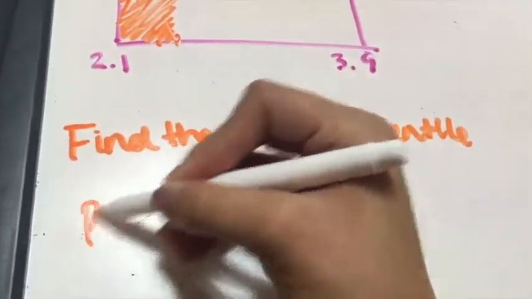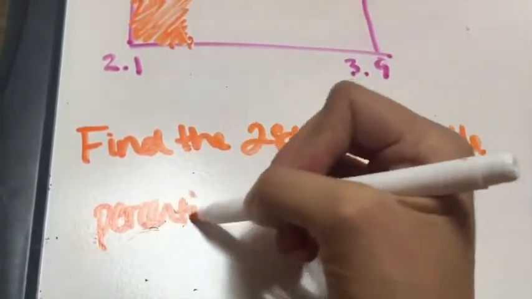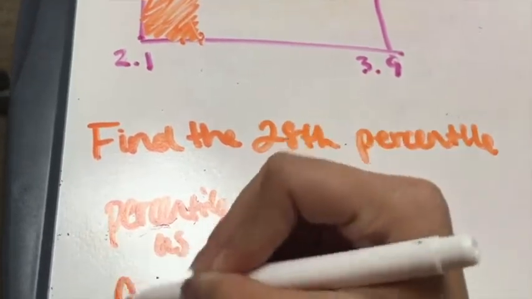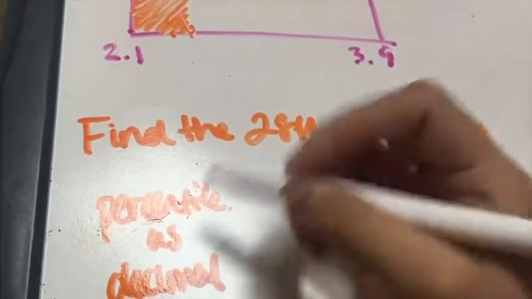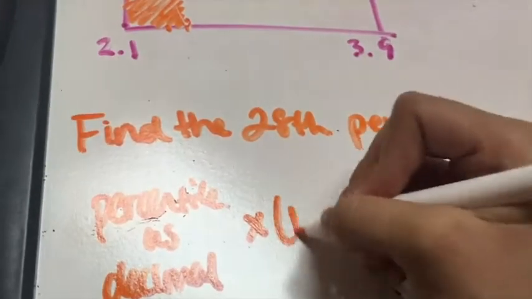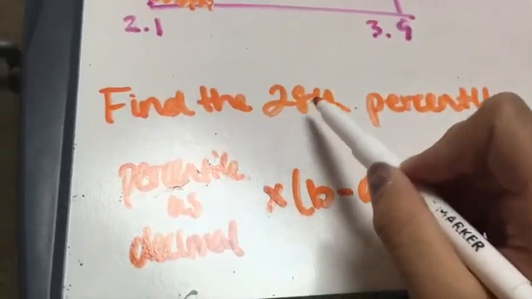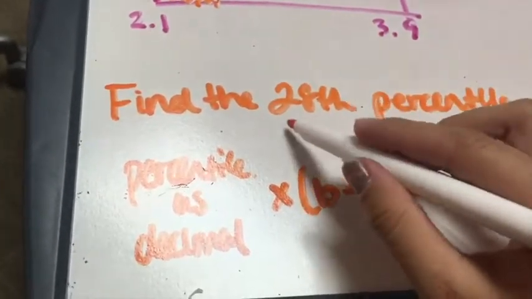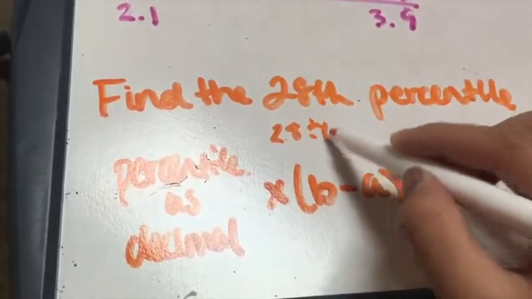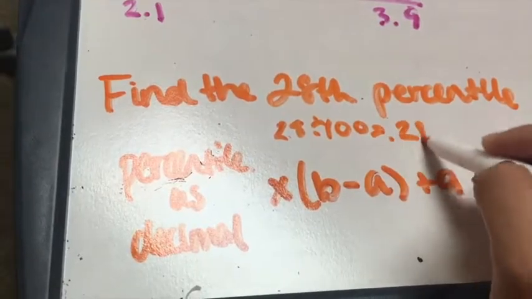I just put the percentile as a decimal times b minus a plus a. So 28 as a decimal, 28 divided by 100 is 0.28.